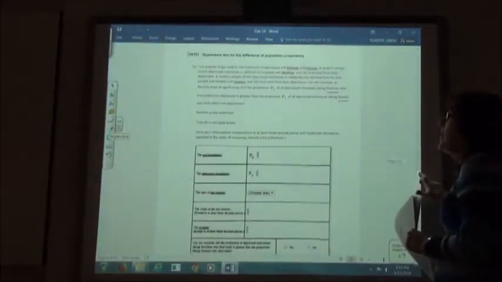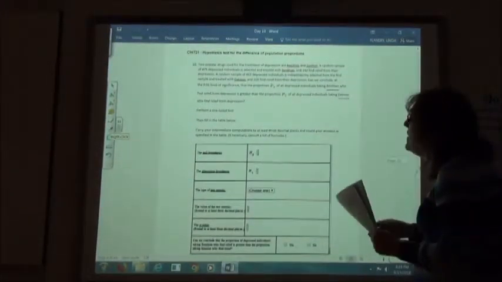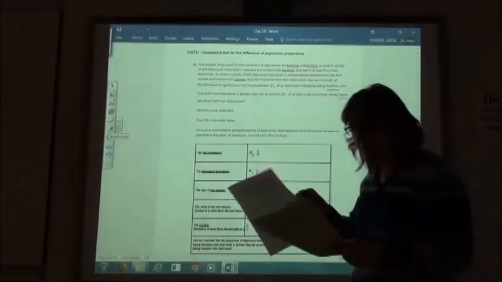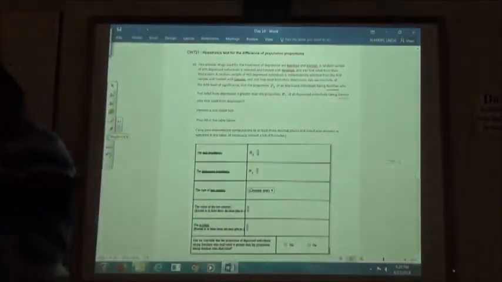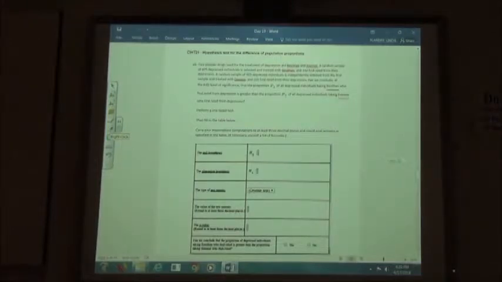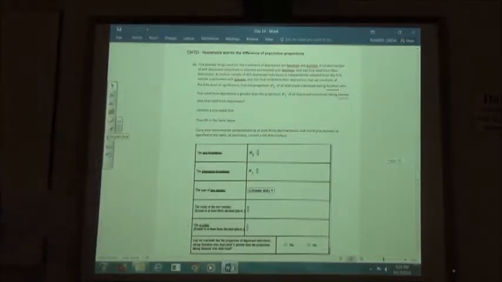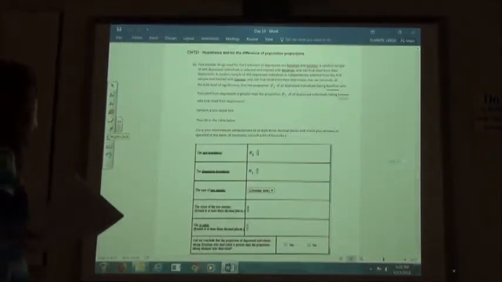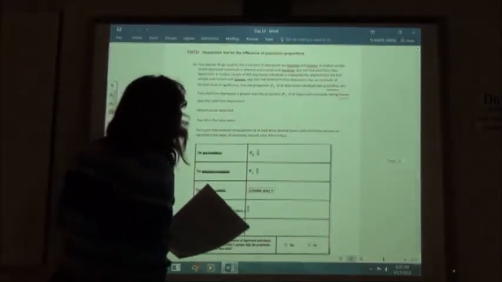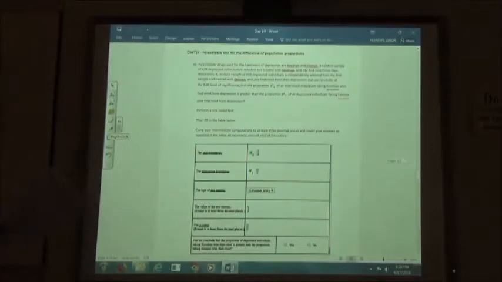All right, the next hypothesis test is for the difference in population proportions. So, population proportions, that's when we had all those fractions. It says, 2 popular drugs used for the treatment of depression. A random sample of 475 depressed individuals is selected and treated with the first drug, and 242 find relief from their depression.